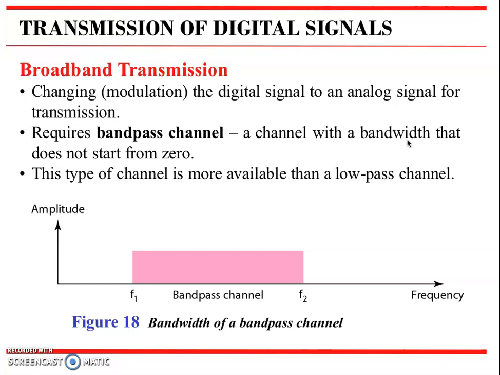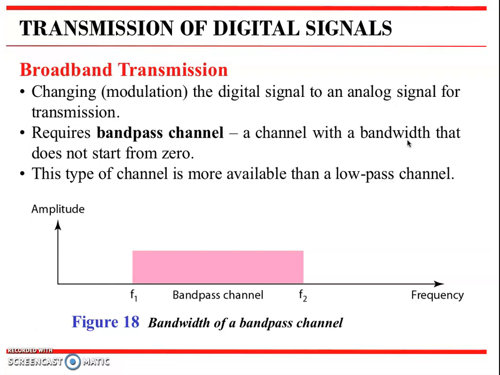Kita panggil digital signal to convert kepada analog signal. We need to use band pass channel, which is bandwidth yang tidak start dengan 0. A channel with a bandwidth that doesn't start from 0, as compared to low pass channel tadi. Okay, this type of channel is more available than a low pass channel.